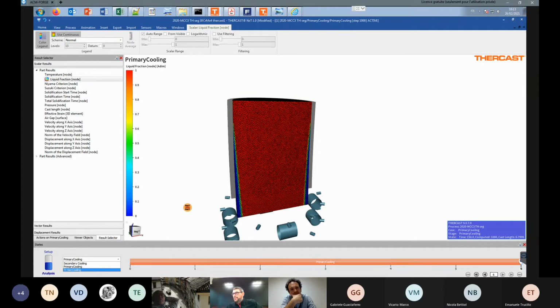It's heavy, so it takes time. It doesn't take so much time usually. But while it is loading, let's say, I can just show you that we are also looking at flux in the mold.